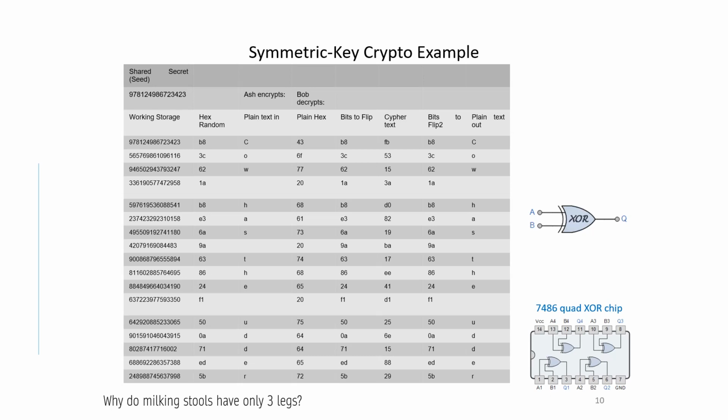So what any eavesdropper is going to overhear is the ciphertext. And the way you got bits to flip is XORing the plain hex with the hex random. Correct. Yes, that's exactly right. The bits to flip are the hex random, and the ciphertext is the exclusive OR of the plain text and the bits to flip.